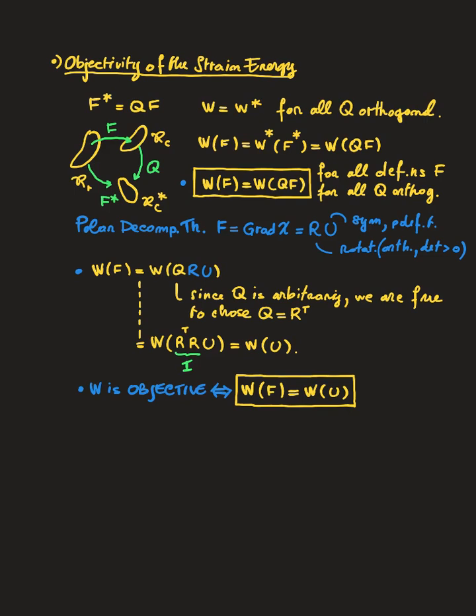By the way, if you remember that the tensor U squared is equal to what we called C, the objectivity requirement can also be written as W of F equal to W, a function of C.